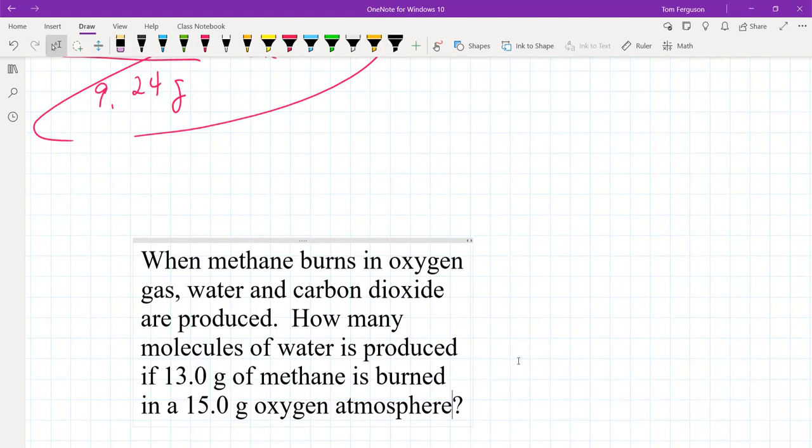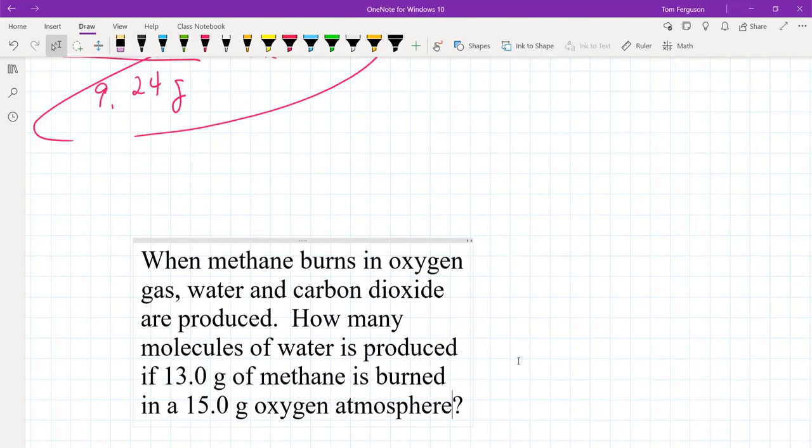So when you're setting it up, we're going to have carbon, hydrogen, oxygen. As we go across, how many C's are in this one? 1.